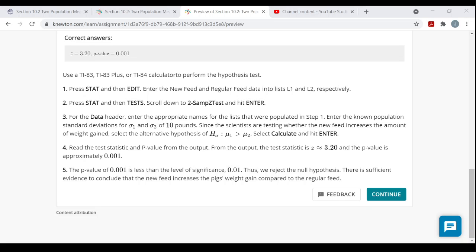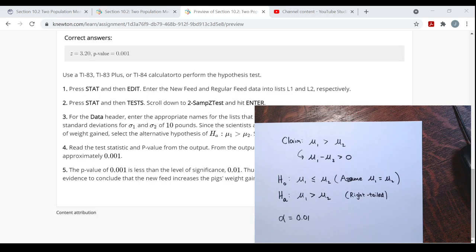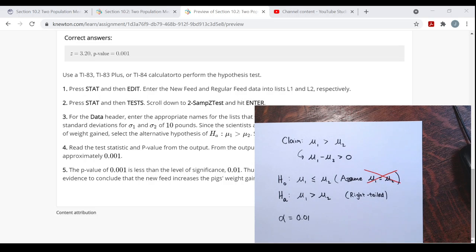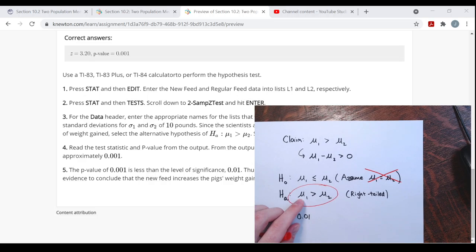Let me bring my paper up here. If we reject the null hypothesis, you're rejecting the statement that mu1 equals mu2, and then you're accepting or supporting the alternative. And the alternative was the claim that the average weight gain for the new feed pigs is greater than the average weight gain for the regular feed pigs.